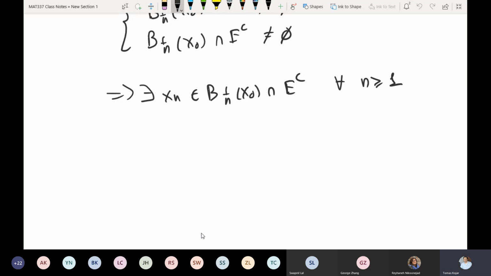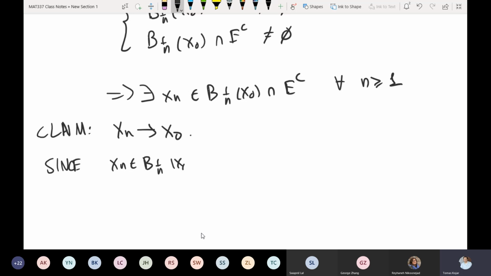All right, so let me see. Good. Claim: Xn converges to x naught. Okay, so let's prove this. Since Xn is in B of 1 over n at x naught, we have that Xn minus x naught is less than 1 over n.